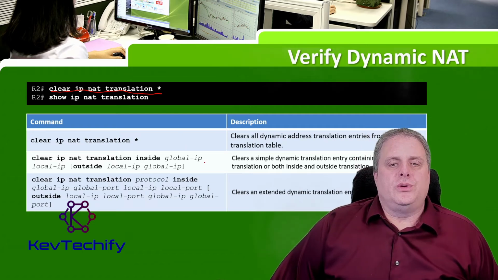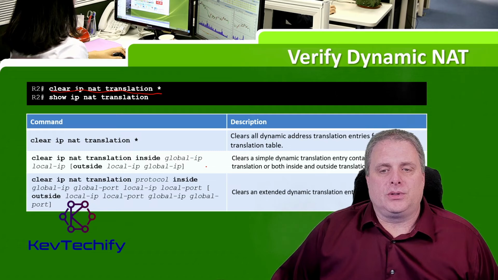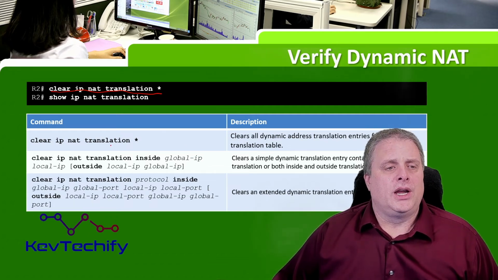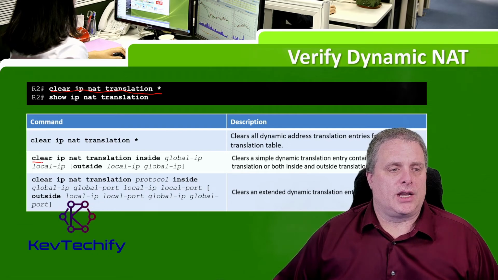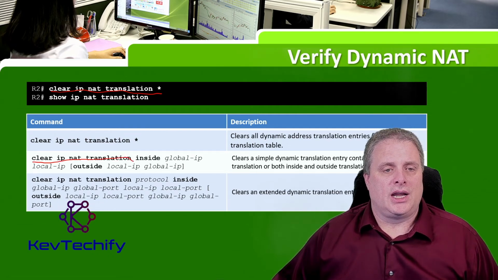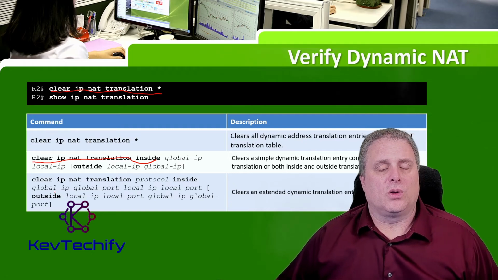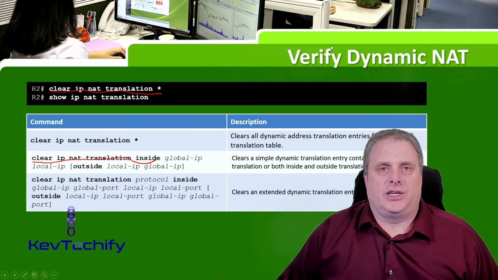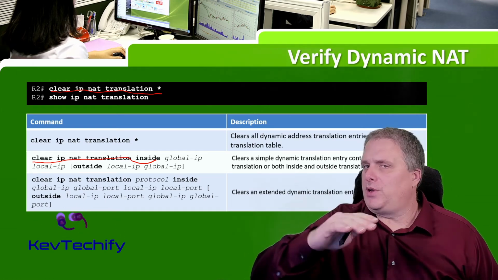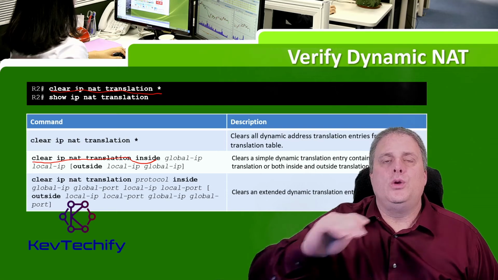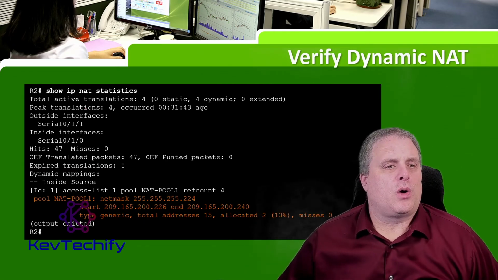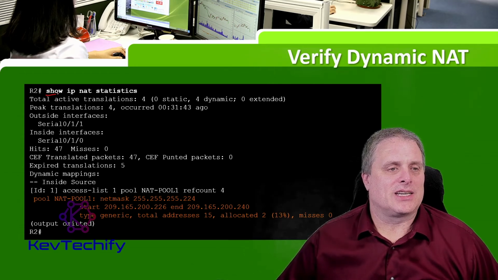If you want to clear just one entry, you can get more specific. You can say clear ip nat translation inside, and then specify the global IP and local IP, and you can remove one of those network address translations. So if everybody's working just fine, but you have one problem one in there, you can go ahead and remove that one.